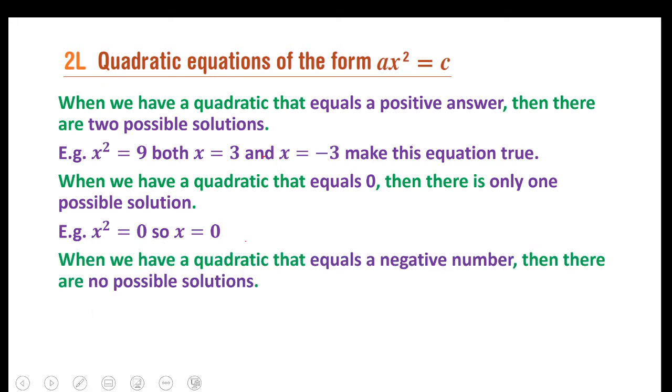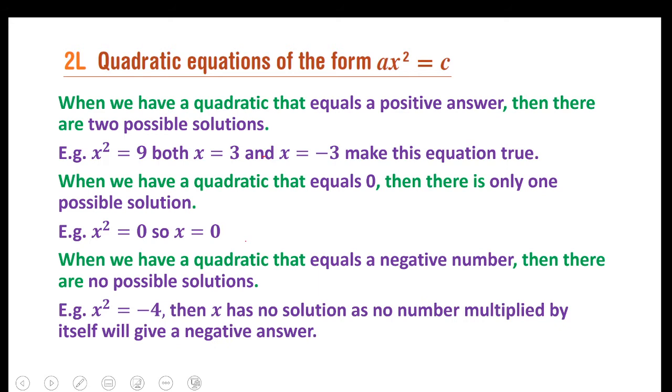Now, when we have a quadratic that equals a negative number, then there are no possible solutions. Okay. So for example, if I had x squared is equal to negative 4, then x has no solution as no number multiplied by itself will give a negative answer. And you can think about it too. If I take a positive number and times it by itself, it's equal to a positive answer. If I take a negative number and multiply it by itself, I also get a positive.